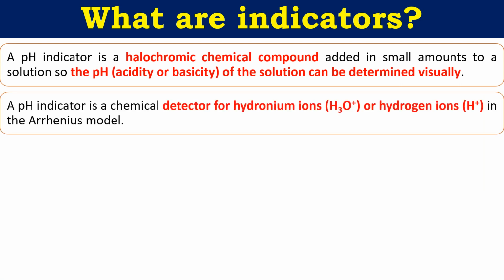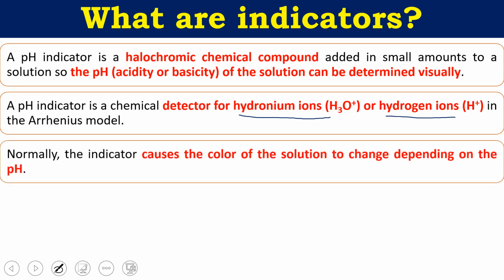A pH indicator is a chemical indicator, because the acidity or basicity of any compound depends on the presence or absence of H plus ion, or the presence of OH minus ion. These indicators detect the presence of H plus ion. This H plus ion is present in two forms in our solutions: either as the hydronium ion, H3O plus, or as the hydrogen ion, that is the proton, H plus.